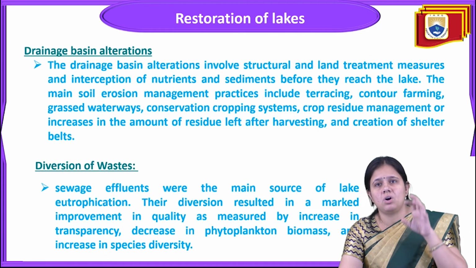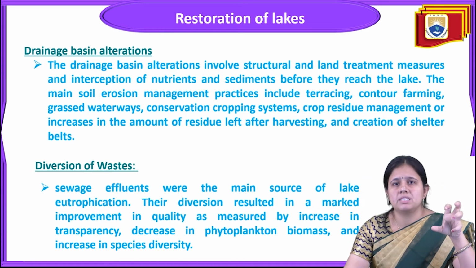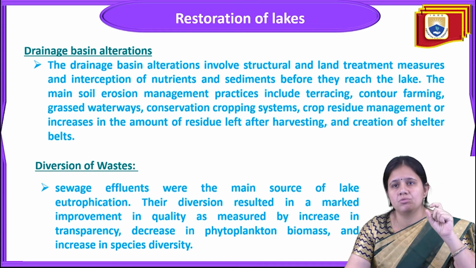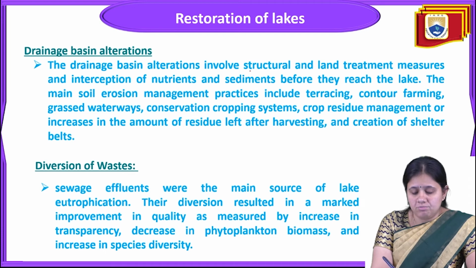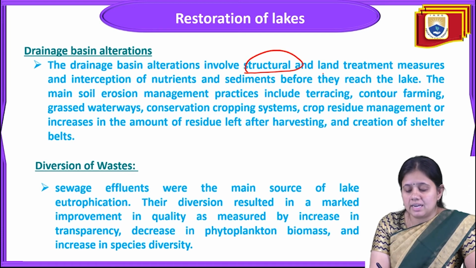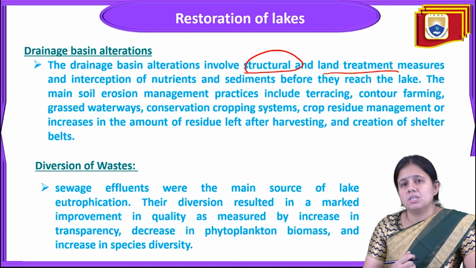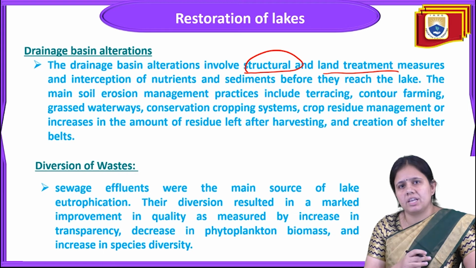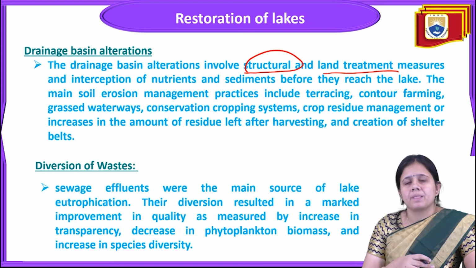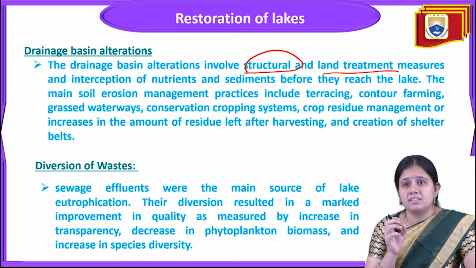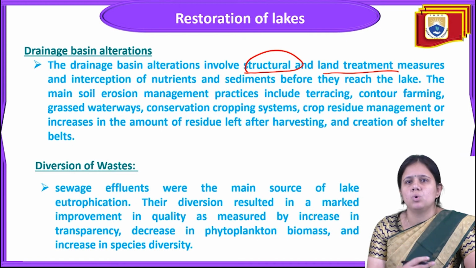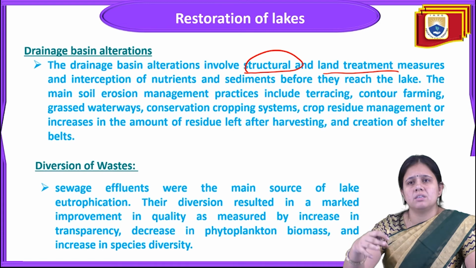In this alternative, drainage basin alteration is improved, involving the use of structural and land treatment measures, because pollution will come from any structural area or land treatment area. So there is interception of nutrients and sediments before they reach the lake, so they are not able to enter the lake.